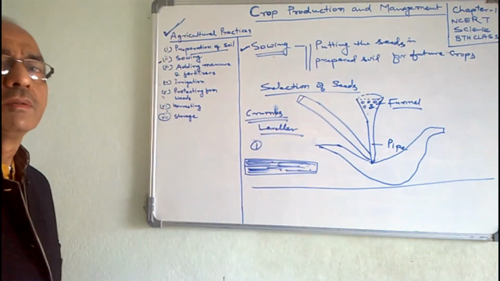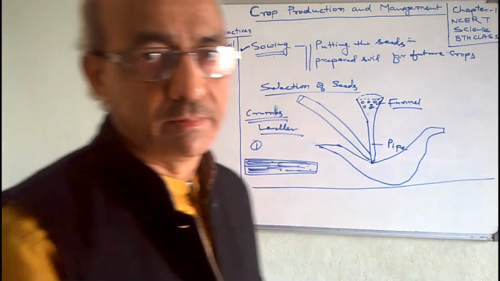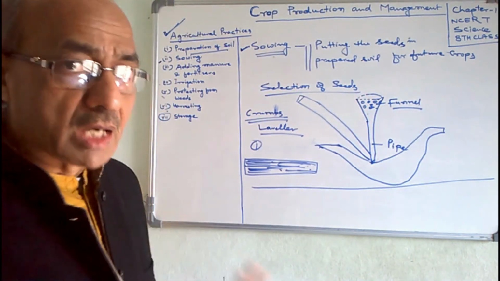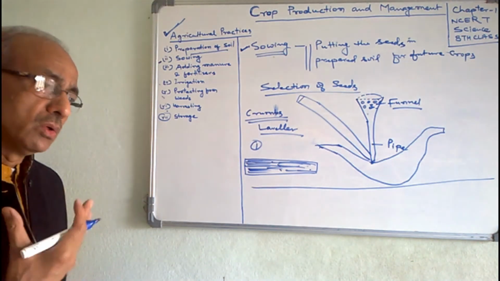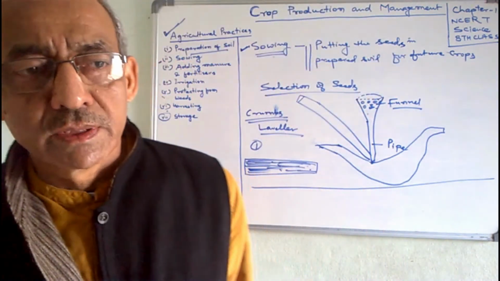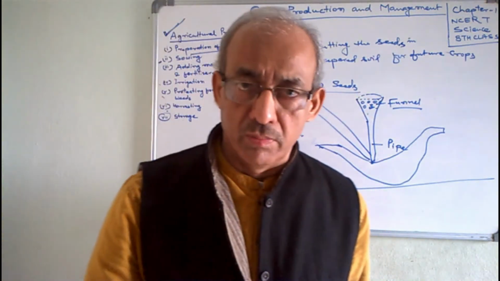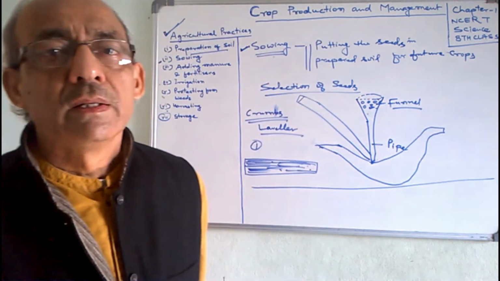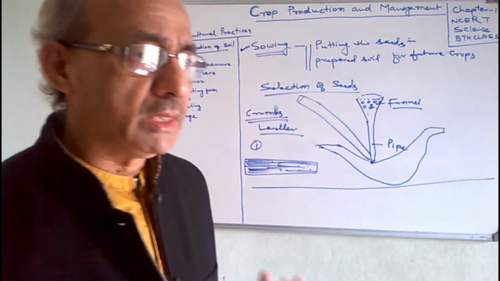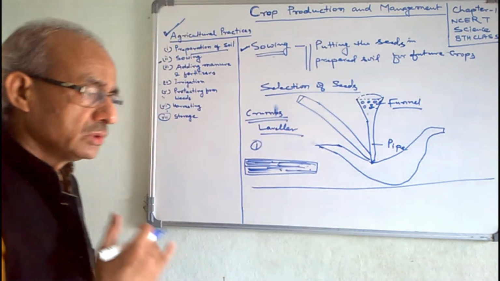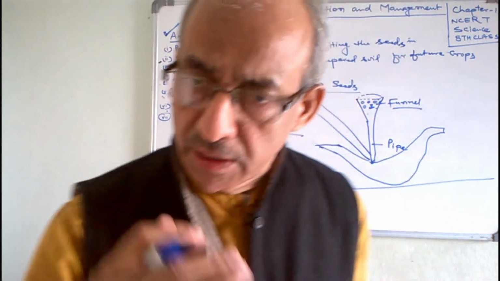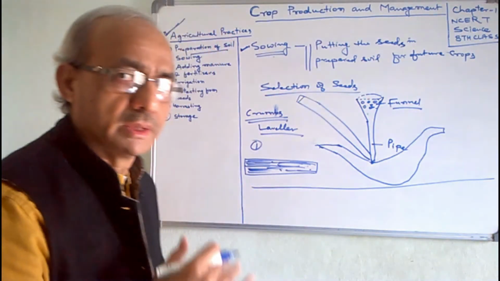Seeds should be sown at proper depth so that the seeds can get the proper moisture, air, and warmth for germination. We know that for germination of seeds, certain factors are required: first, moisture, warmth, soil, and air also. So keeping these 4 factors in mind, the soil should be prepared as well as the seed should be sown in the ground.